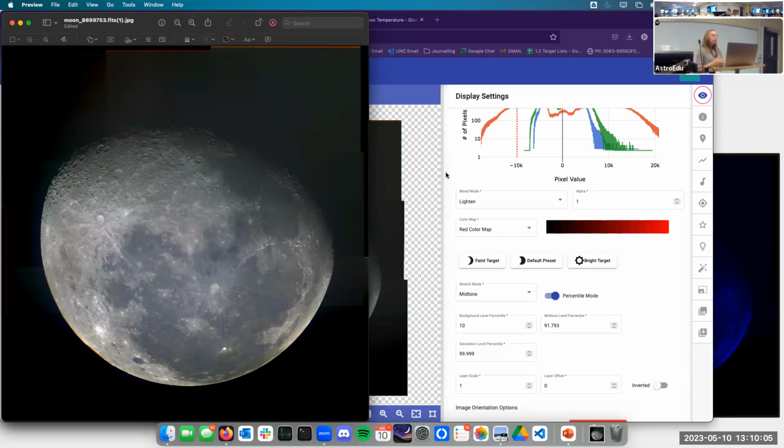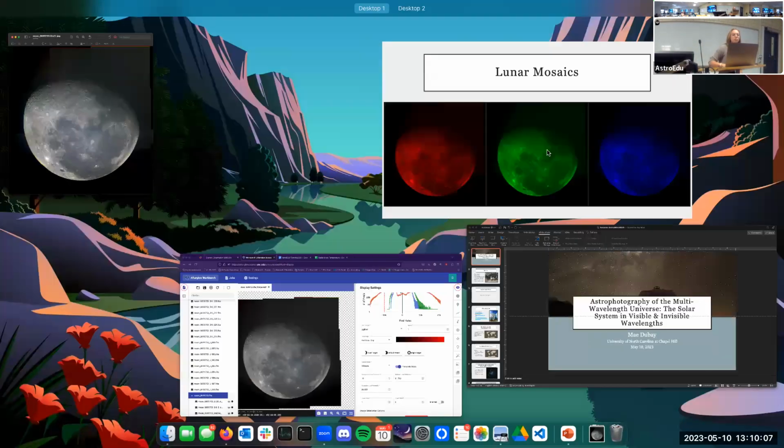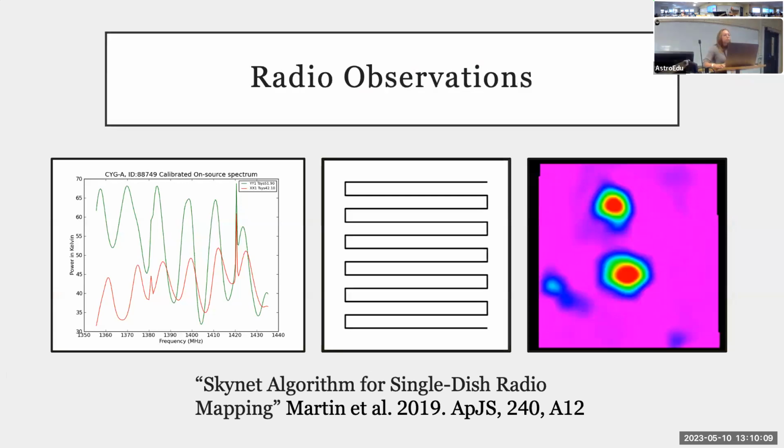And in the radio, we're not seeing that reflected sunlight, we're seeing this thermally re-emitted light. And so we can use the radio observations to get the temperature of the moon, which we'll do in a second. But first, we have a 20-meter single dish radio telescope at Green Bank Observatory in West Virginia.